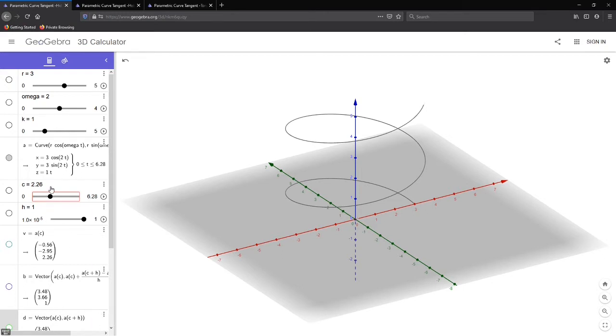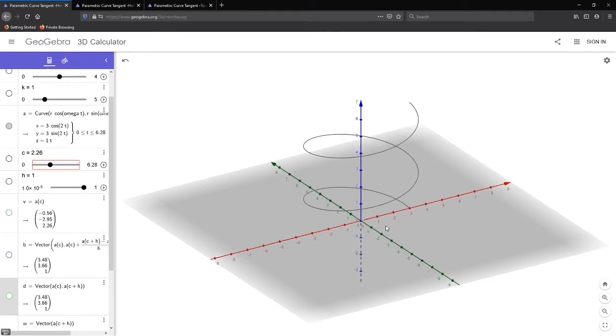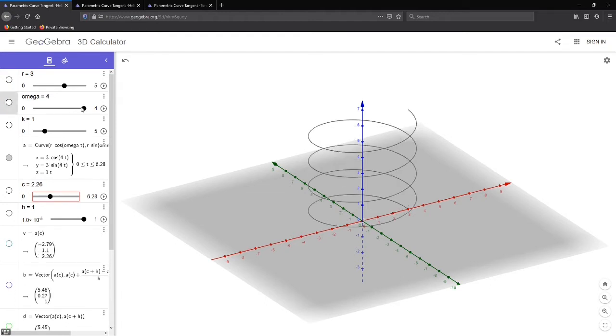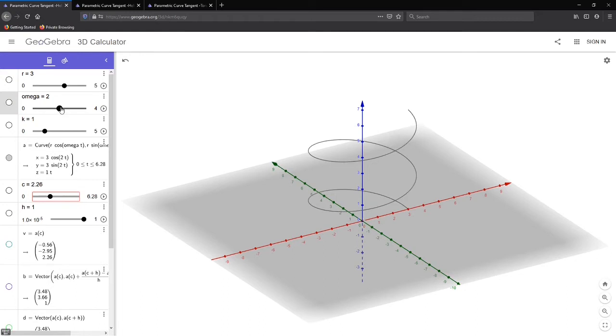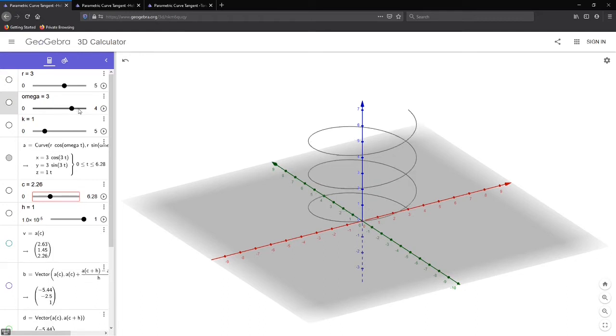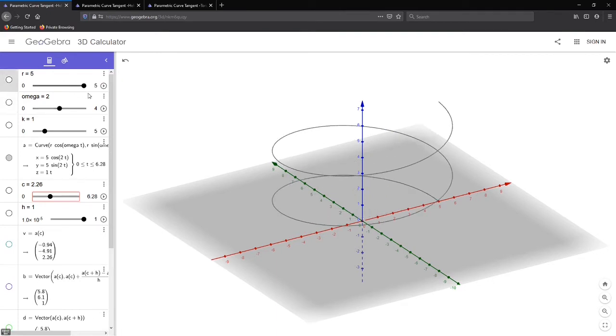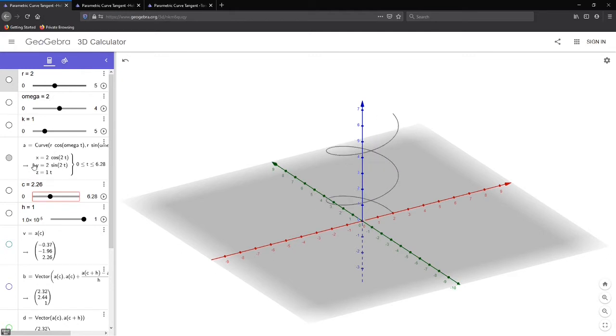So sure enough, this here is what the curve looks like in 3 dimensions. If we change the value of omega, that frequency, it changes the speed of revolutions. And if we change that r value, the helix becomes bigger or smaller, depending on what r is. And I use k here, but the k value is the same as the a value in the notes.